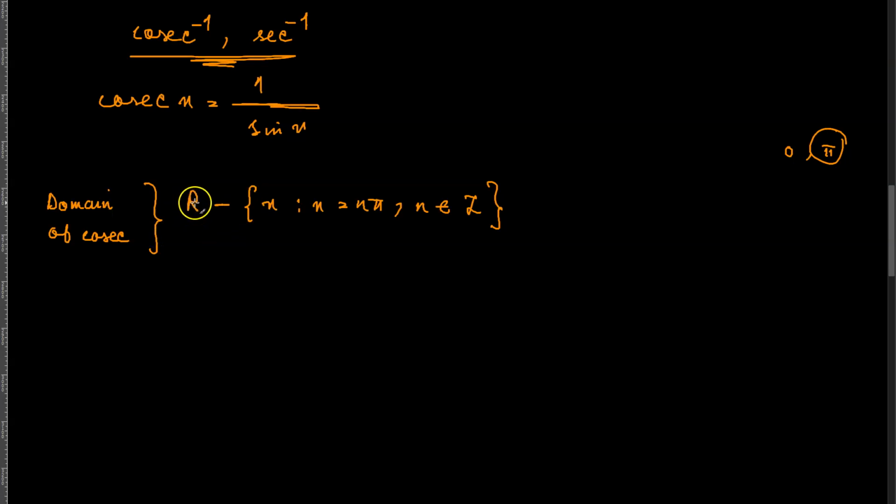So you have R minus all x such that x is equal to n pi, and n belongs to Z. What that means is that you can rewrite the same set as the set of all x such that x belongs to R and x is not equal to n times pi for all n belonging to Z. So the domain of the function is the set of all x such that x belongs to the set of real numbers, except that x is not equal to n pi, where n belongs to the set of integers. So that is the domain of the function.